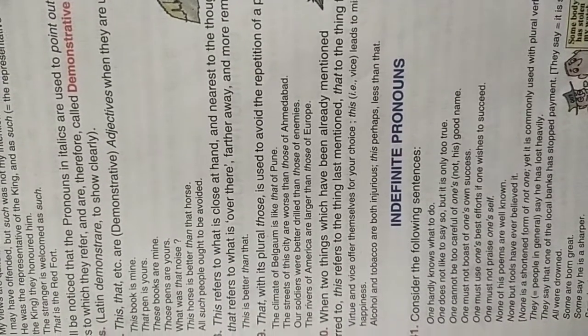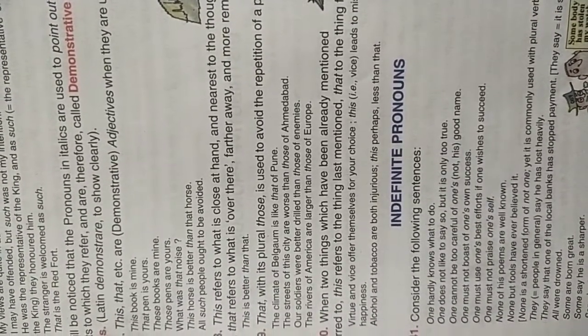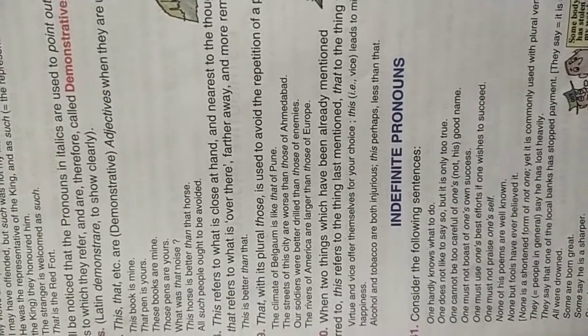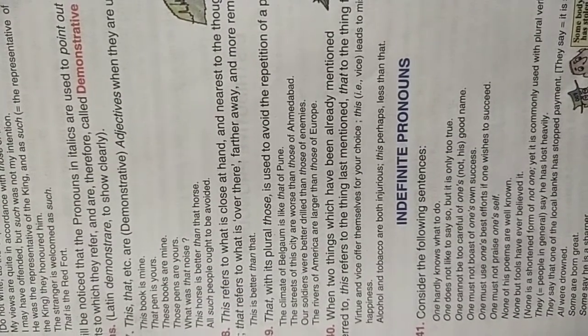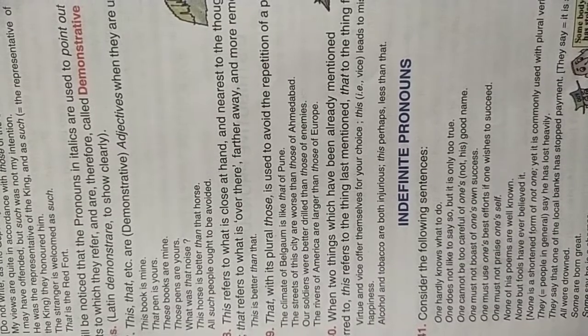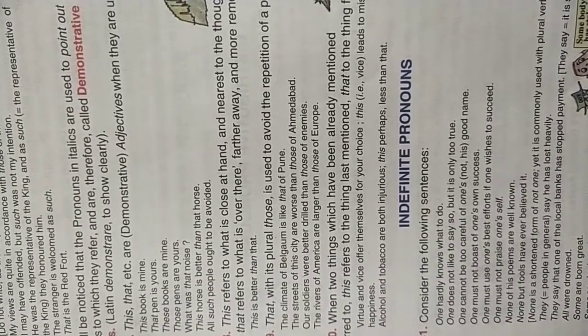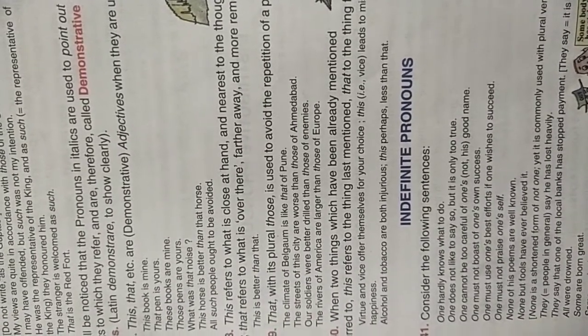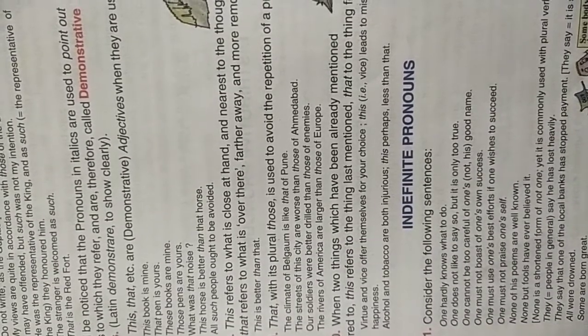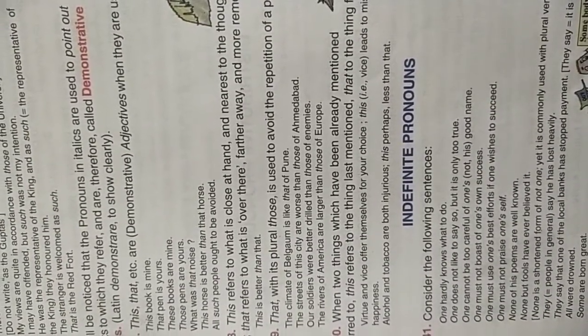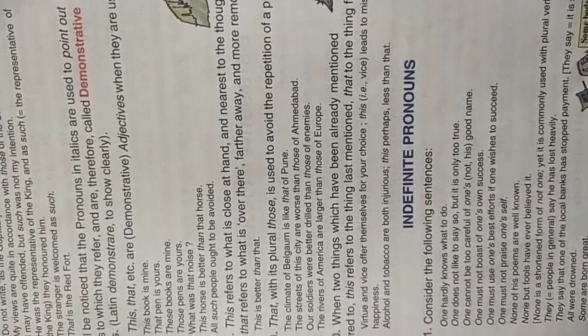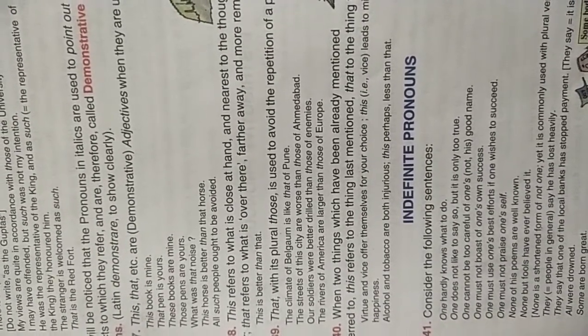But to avoid the repetition of the preceding noun, we do not want to repeat that noun, so we say is like that of Pune. Is like the climate of Pune नहीं कहना, is like that of Pune is correct.